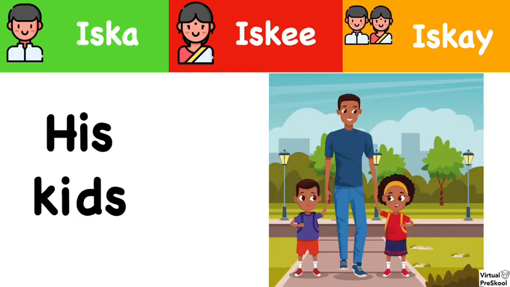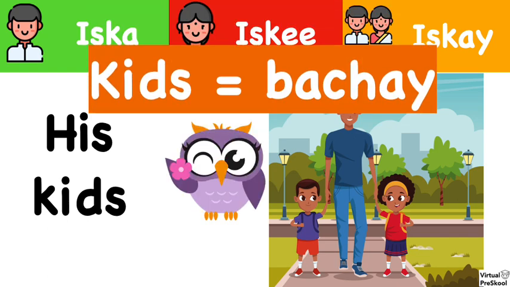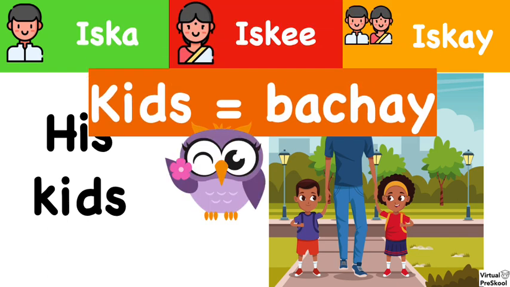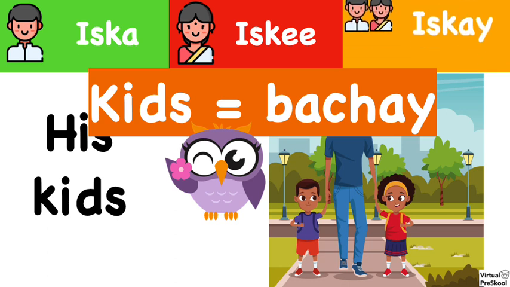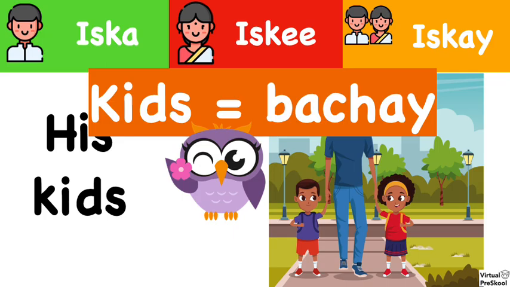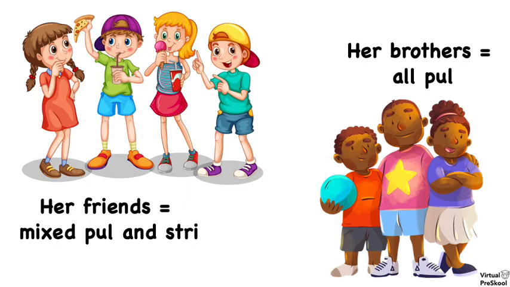What about his kids? Iska, iski, iske. Well, there's more than one. So we look at the word kids, which is bacche. Bacche is a pulling word. So it would become iske bacche.